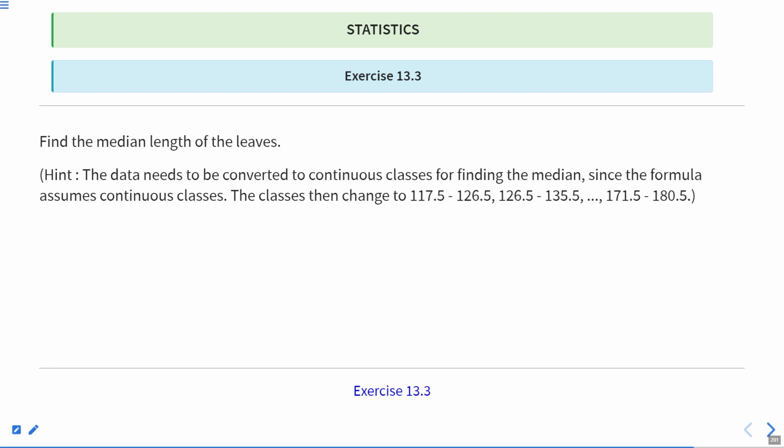Since the formula assumes continuous classes, the classes change to 117.5 to 126.5, 126.5 to 135.5, and so on, up to 171.5 to 180.5.